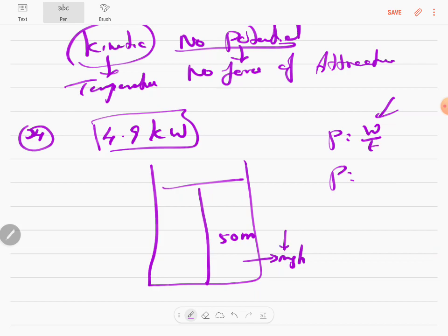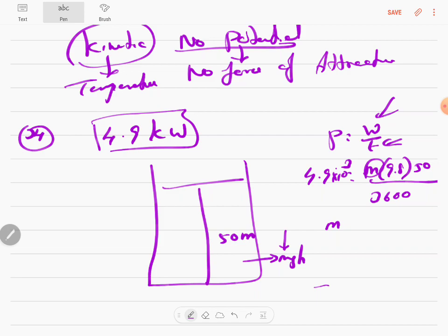So g is 9.8, height is 50 meters, and the time is 1 hour, which has 3600 seconds. The power of the pump is 4.9 kilowatt, meaning 4.9 into 10 to the power 3. With this you can find the mass. Cross multiply and get the mass.